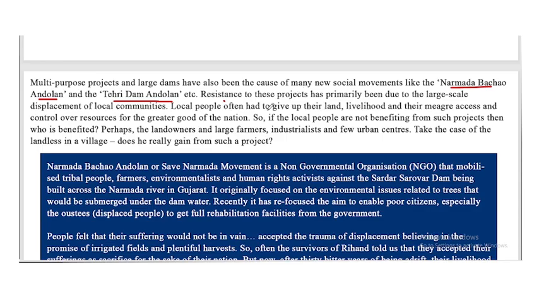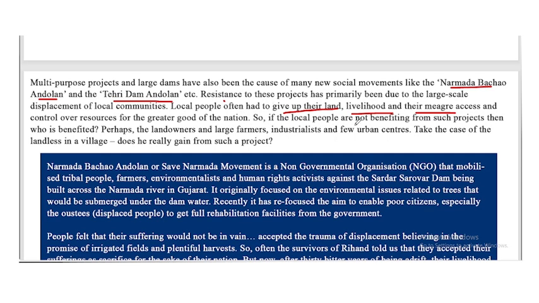The local people often had to give up their land and livelihood, and lose access and control over resources for the greater good of the nation. So it causes very big problems and new social movements like the Narmada Bachao Andolan and the Tehri Dam Andolan.